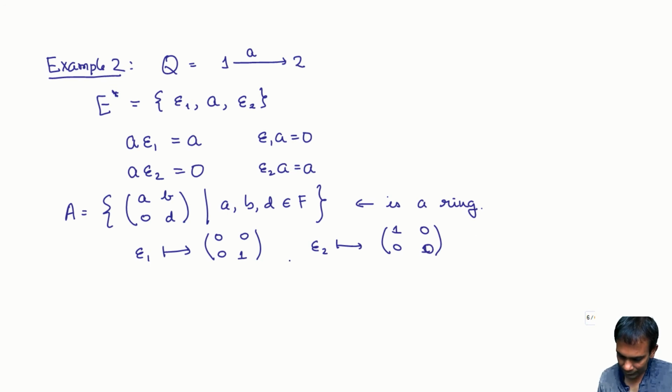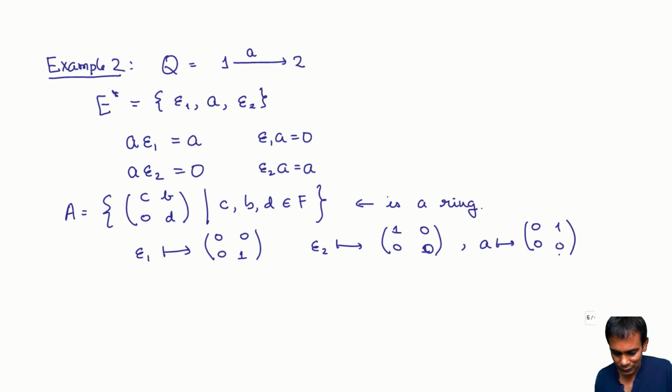And A goes to the matrix (0, 1; 0, 0). Maybe I shouldn't have called the algebra A; let's call its general element (c, b; 0, d).